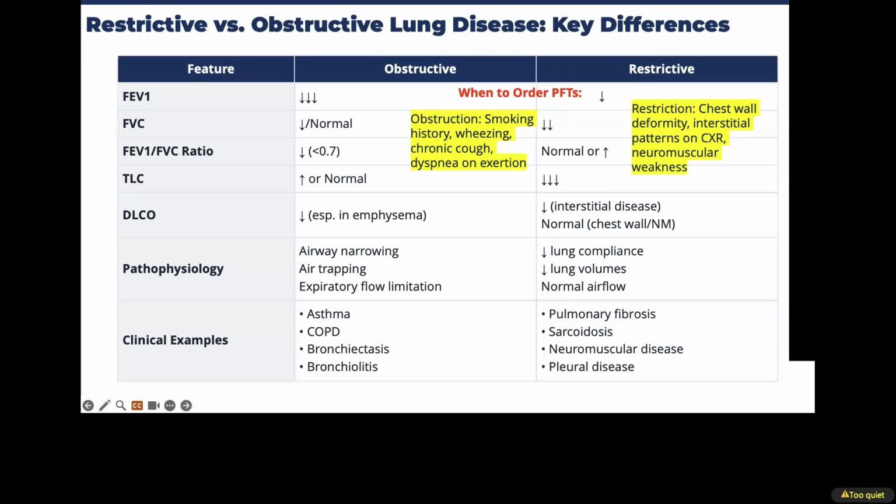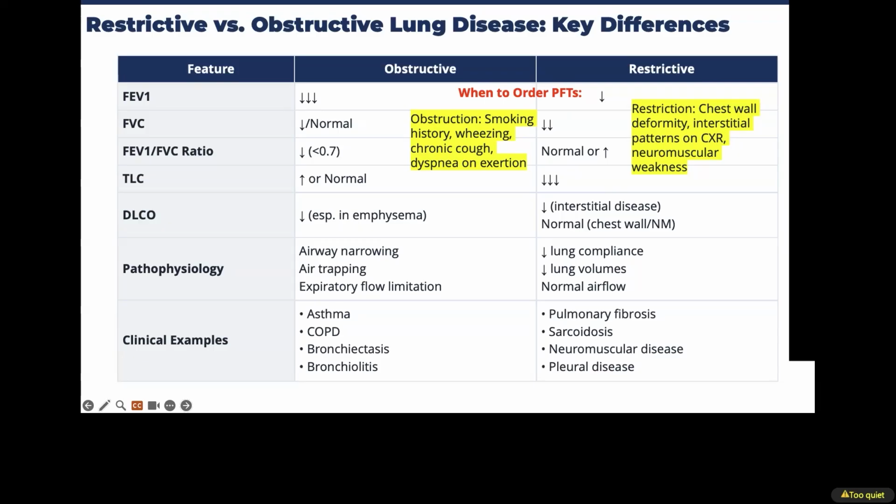Restrictive patterns will come from things that make the lungs stiff or small. Think fibrosis, sarcoidosis, scoliosis, neuromuscular weakness, pleural thickening, circumferential burn. Those are the restrictive lung disease pathologies to think about. So if the FEV1 to VC ratio is low, less than 70, it's obstructive.